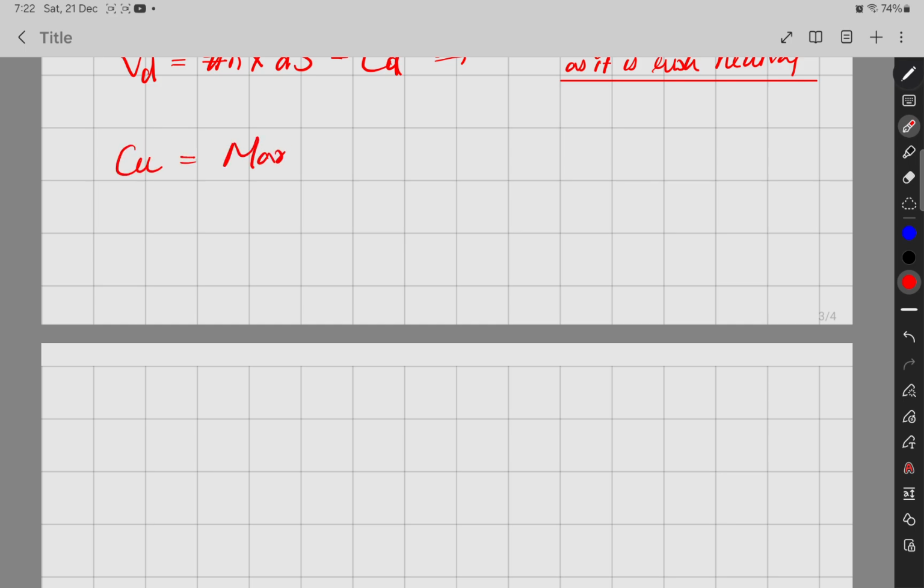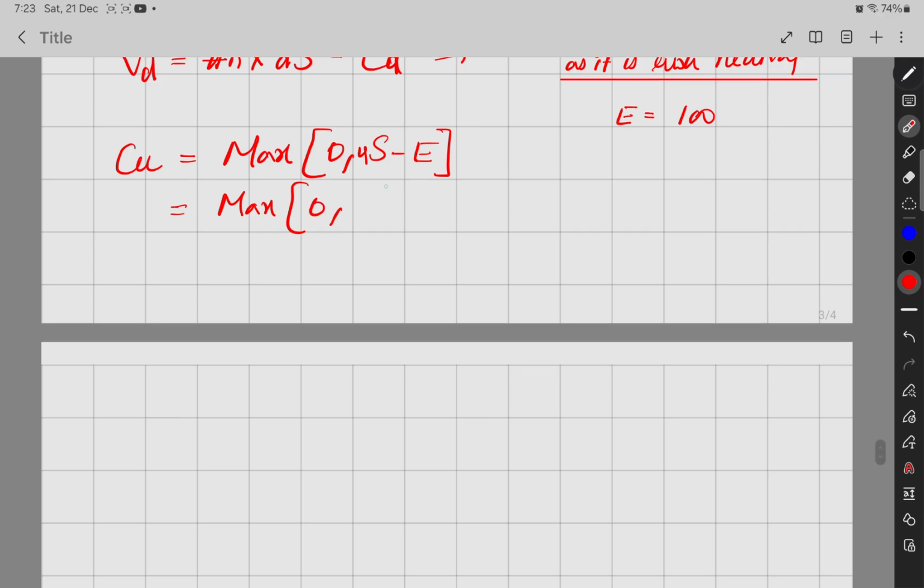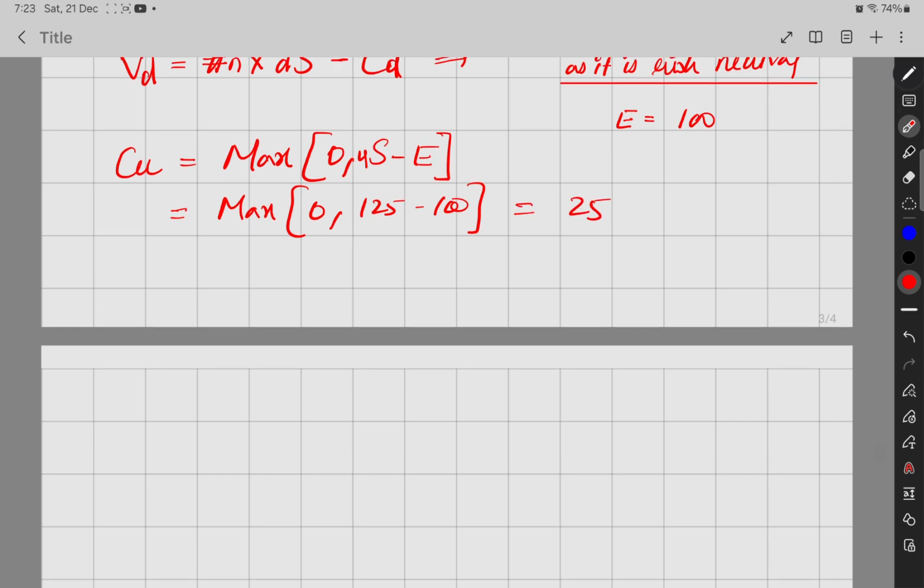CU would be the maximum of 0, because you can lapse your option, and your stock value as on date minus the exercise price. So let us determine our exercise price as 100. Very simple. In CU you have the upside, so the maximum of 0 comma the upside, which is 125 minus 100, that gives us 25 as the answer.